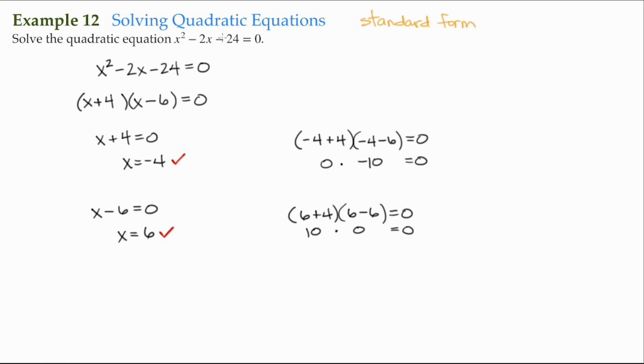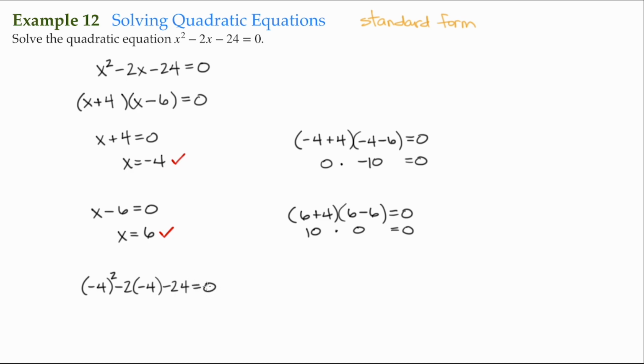Now we can check them, because if this is a solution, then if we use it in here, this expression should come out to be equal to 0. It should make this statement true. So we'll try it. We'll plug in negative 4. So we'll have negative 4 squared, that's our x squared, minus 2x, that's negative 4, minus 24.